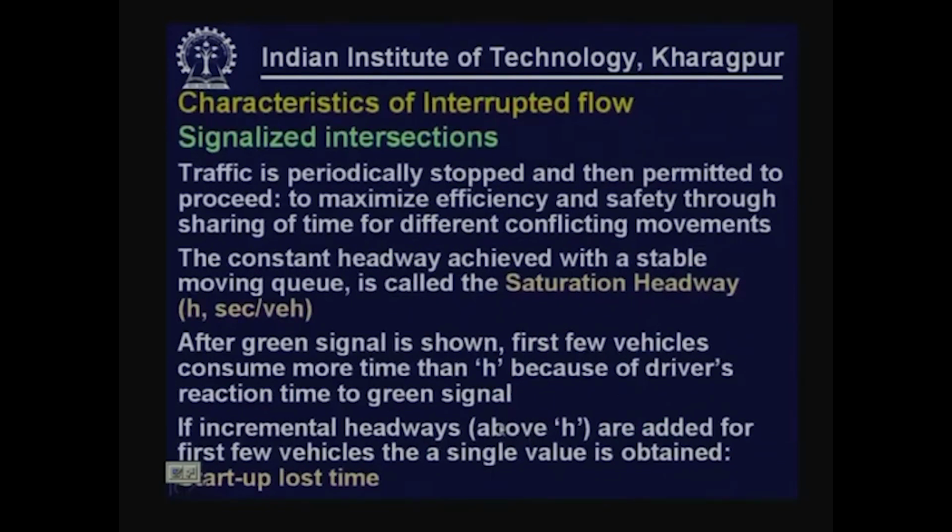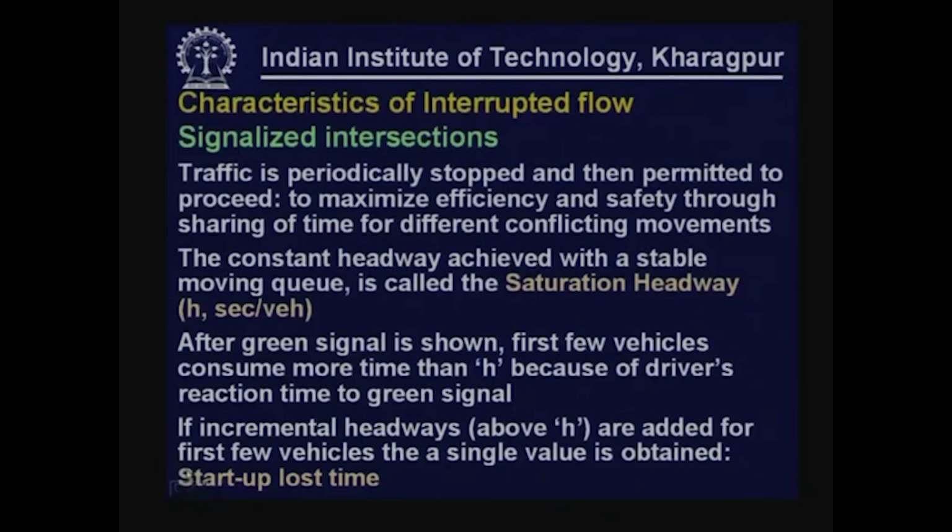Now, coming to the characteristics of interrupted flow, here vehicles move in platoons and traffic signal is a major cause. So, let us consider a signalized intersection. Traffic is periodically stopped and then permitted to proceed. It is done basically to maximize efficiency and safety through sharing of time for different conflicting movements.